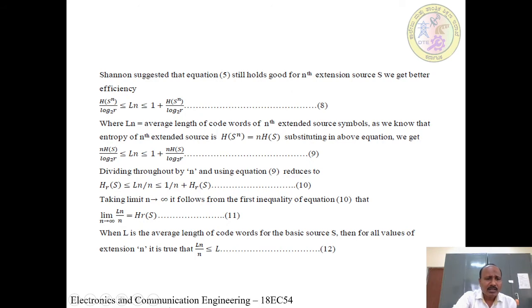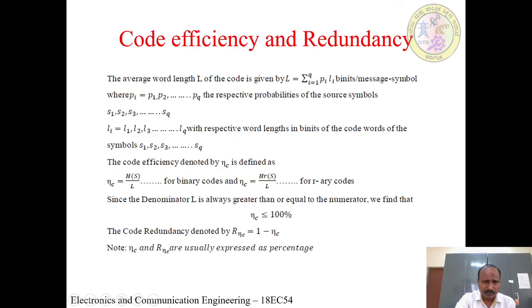So when L is the average length of the code words for the basic source S, then for all values of the extension n, it is true that L_n divided by n is always less than or equal to L. Code efficiency and redundancy can be calculated with the help of the equation: eta c equal to H(S) divided by L, and for r-ary codes we can write it as H_r(S) divided by L, and eta c is always less than or equal to 100%.